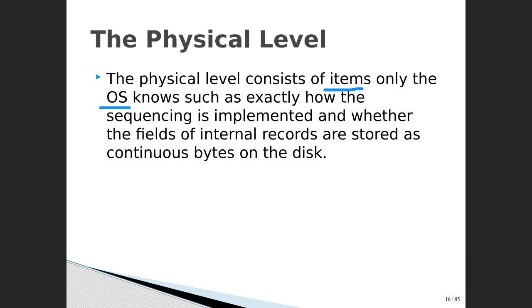For example, how the sequencing is implemented, and whether the internal records are stored as continuous bytes on the disks. So it's all considering the physical representation on the storage space. Okay, all right.